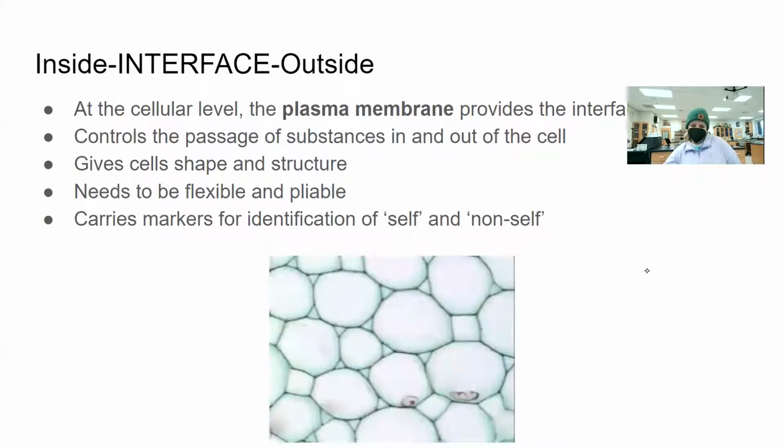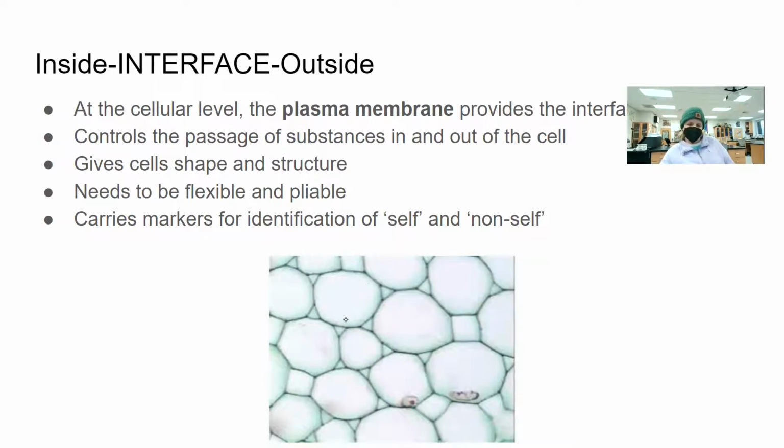Remember back on the very first day of class, we talked about how biology is really split into various levels of outside, inside, and interface. And so what we're talking about now is the interface at the epicellular level, right? So here I've got an image of different plant cells.